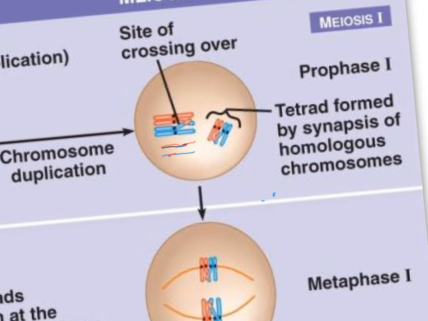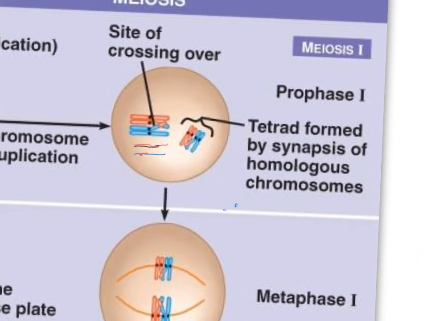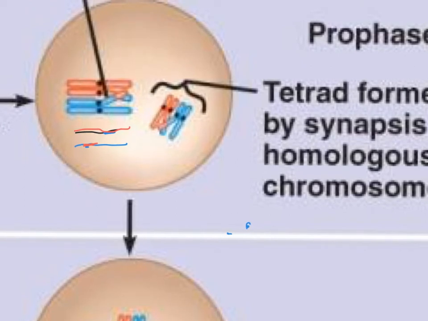Now, this is called prophase 1. The tetrad is formed by synapsis. Okay, so now you've actually got these 4 chromosomes together, right?